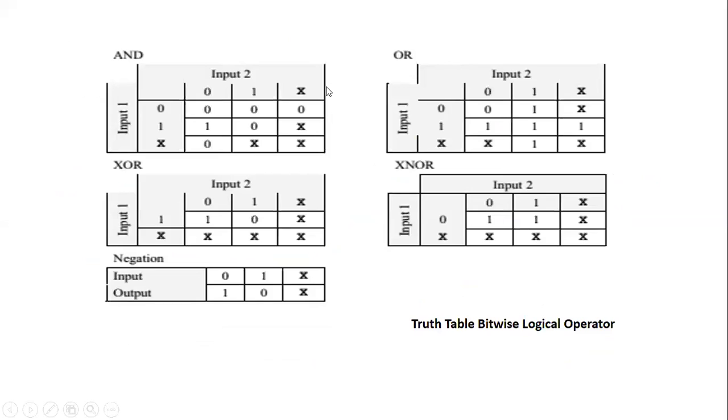Again, this is the truth table of bitwise logical operator. Whatever digital systems we are doing, and, or, XOR in half adder and all we use, they are all bitwise operators.